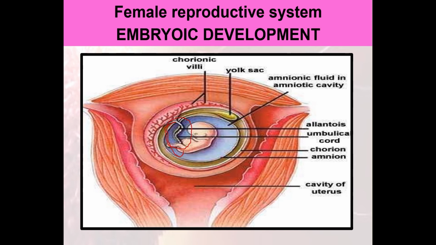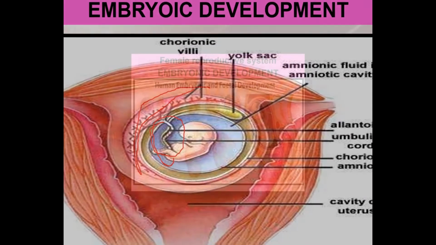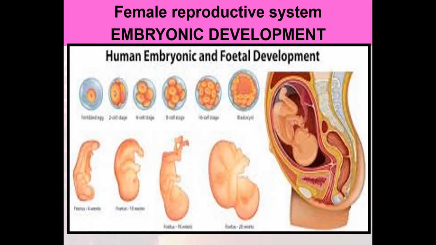The intimate connection between the uterine wall and the embryonic tissue is called the placenta. The cord that connects to the developing embryo is the umbilical cord, and this intimate connection is the placenta. Now the mother's circulation and the growing embryo's circulation are directly connected with each other.